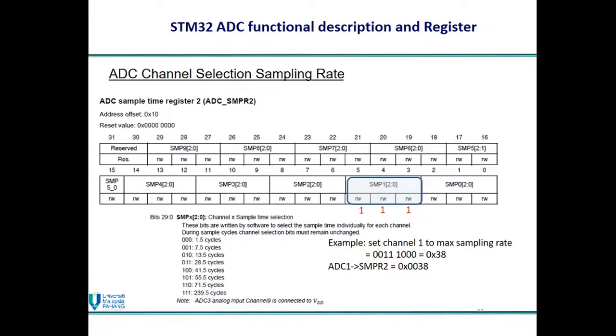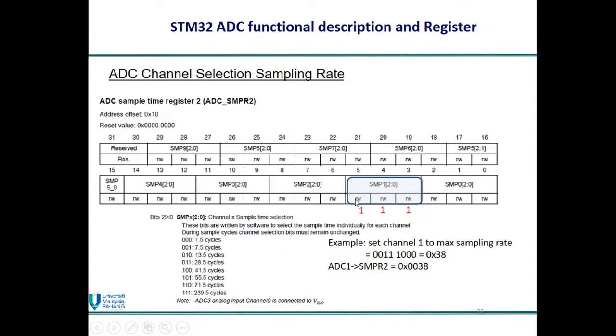So for example, if you use channel 1, this is SMP1, to set up channel 1 sampling time. If you want to set channel 1 to the maximum sampling time, the value is 111, so just set bits 3, 4 and 5 to 111.